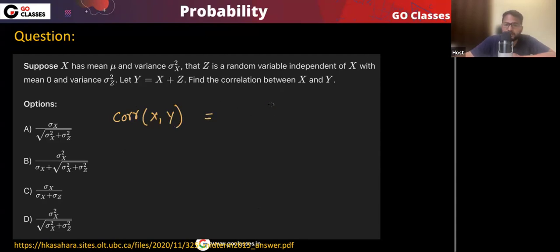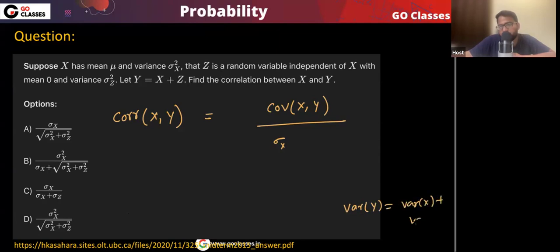It will be the covariance between X and Y divided by the square root of the variance of X, which is sigma X, times the square root of the variance of Y. So the variance of Y will be just the variance of X plus the variance of Z because X and Z are independent, right?